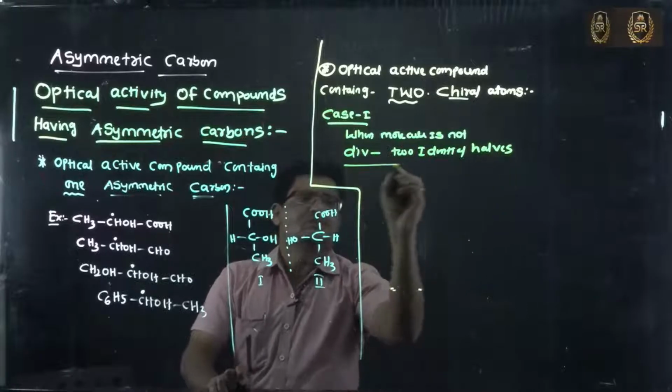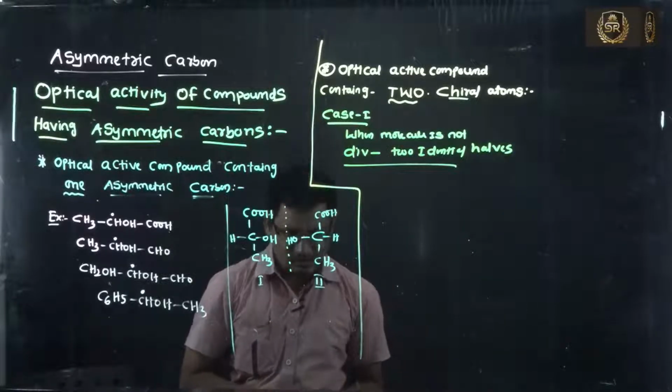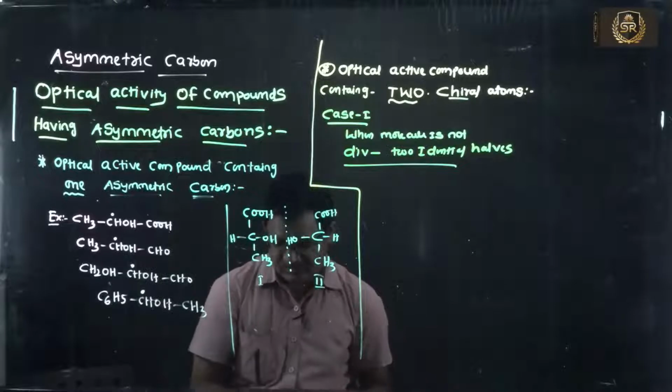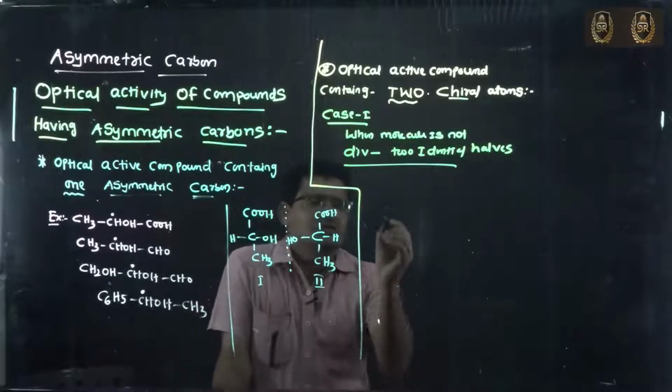This is case 1. When a molecule is not divisible into two identical halves, so that means what happened? Now, let us take one example for this one. Here, this is case 1.